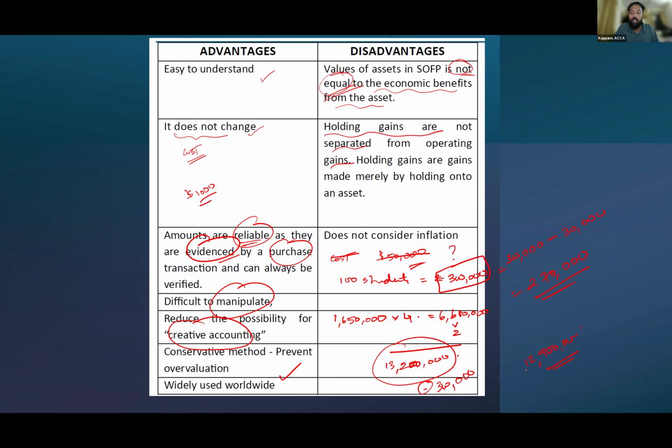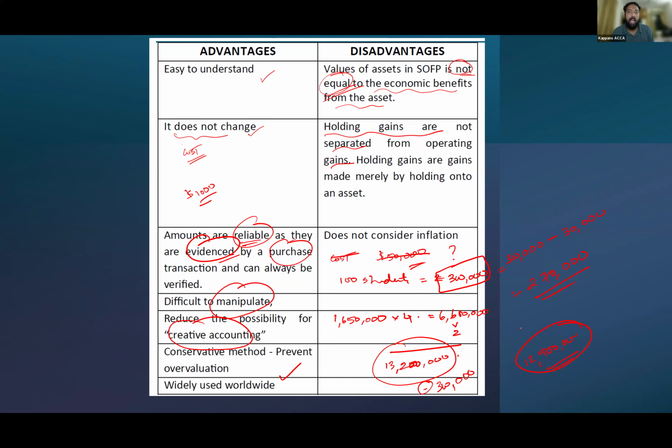The economic benefit that you're generating from the asset minus the cost of the asset is known as holding gain. And you know that holding gains are not at all considered in historical cost accounting. Another disadvantage of historical cost accounting is that it does not consider inflation.